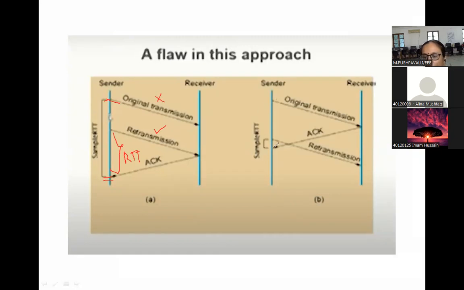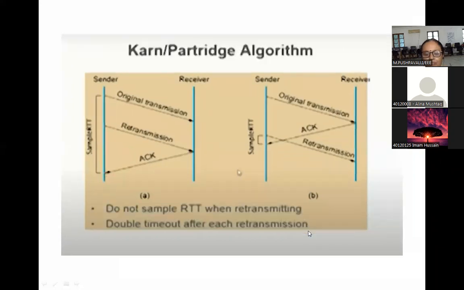And one more flaw is this: this is my retransmission, and here is my acknowledgement, so it will take this as the sample RTT. The problem is that the sample RTT is often not correct. So for the estimated RTT, we say do not sample RTT on retransmissions, and double the timeout for each retransmission.